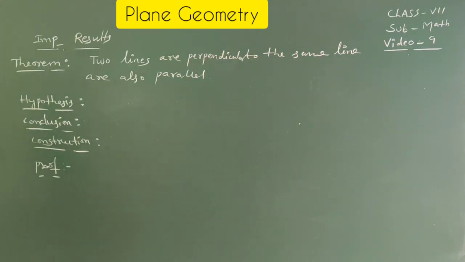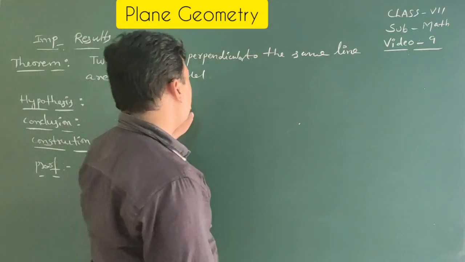Two lines parallel to the same line are parallel; two lines perpendicular to the same line are also parallel.